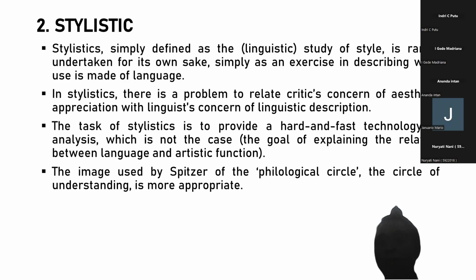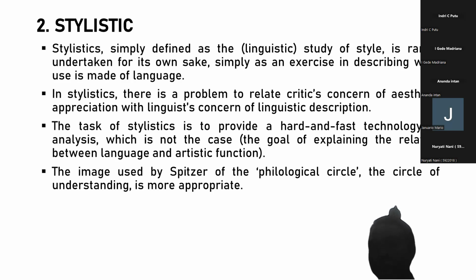The image used by Spitzer of the philological circle, the circle of understanding, is more appropriate. So here is the main point or outline of stylistics. Stylistics is defined as the linguistic study of style. Like when we talk about linguistics, what is linguistics? Linguistics is the systematic study of language.